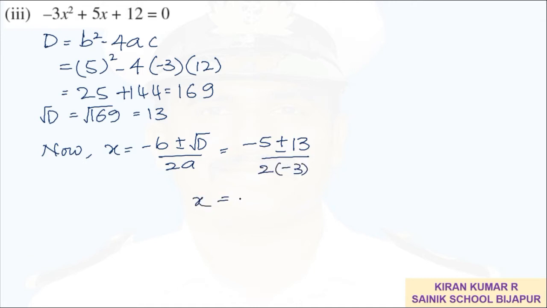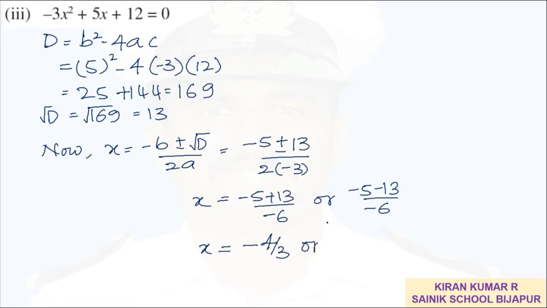Therefore, the value of x is either minus 5 plus 13 by minus 6 or minus 5 minus 13 by minus 6. So we get this value 13 minus 5 is 8. 8 upon minus 6, nothing but negative 4 by 3. Or it is minus 18 by minus 6. We get it as positive 3. These are the roots.